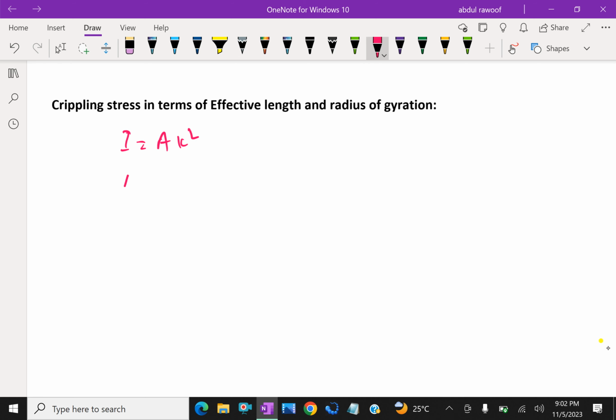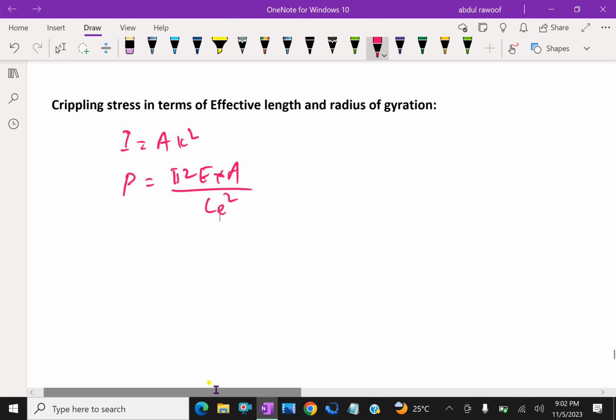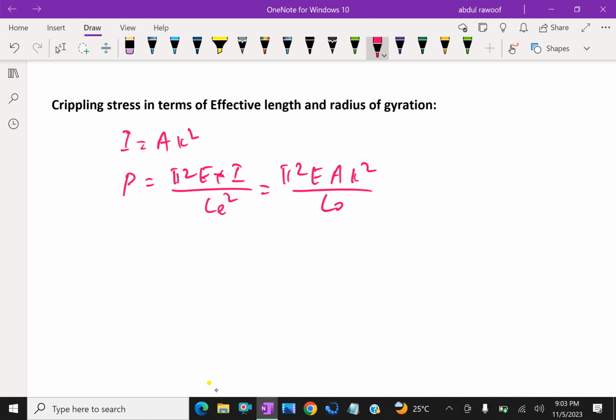Then P, crippling load, equal pi squared E into A k square over LE squared, because instead of I you are using A k square.